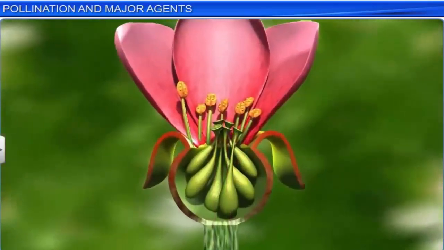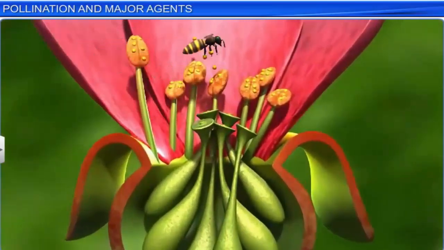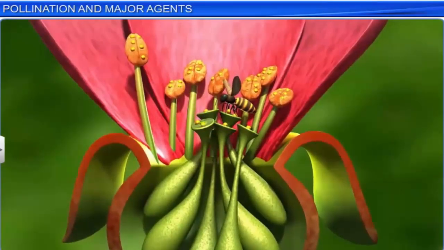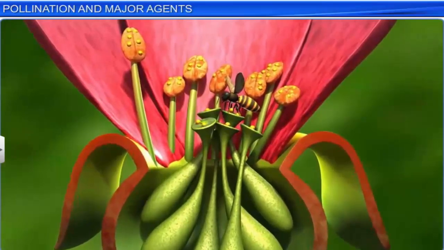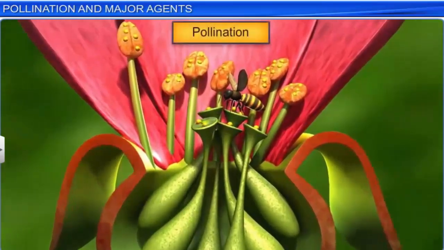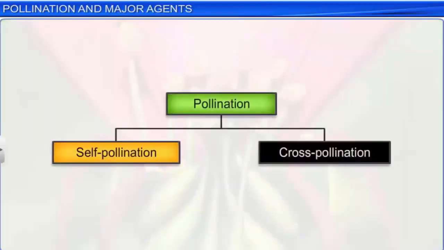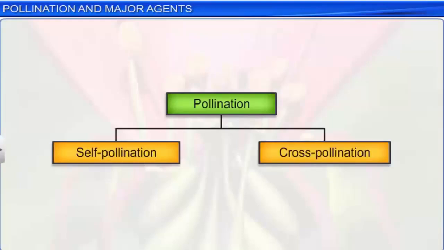This process of transfer of pollen to the stigma of a flower, brought about by agents such as insects, wind and water, is called pollination. Pollination can be of 2 types, self-pollination and cross-pollination.